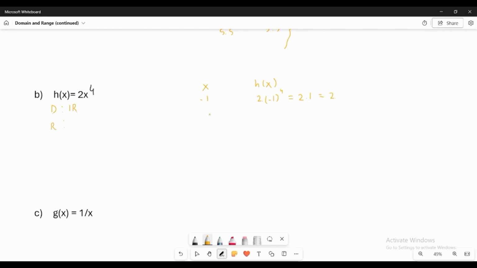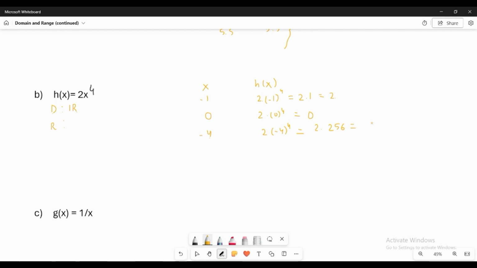Let's say x is 0. Then we are going to get h of x as 2 times 0 to the power of 4, that is 0. For x to be negative 4, let's say, then it would be 2 times negative 4 to the power of 4. That is going to be 2 times 256.